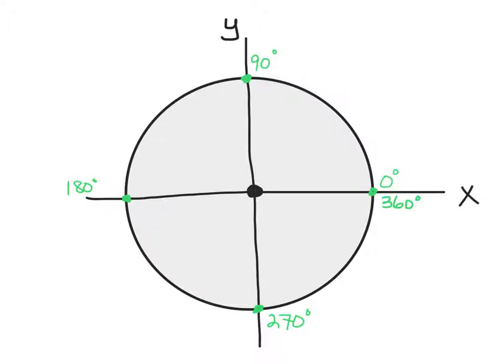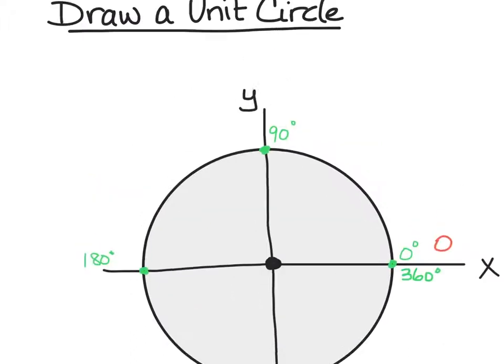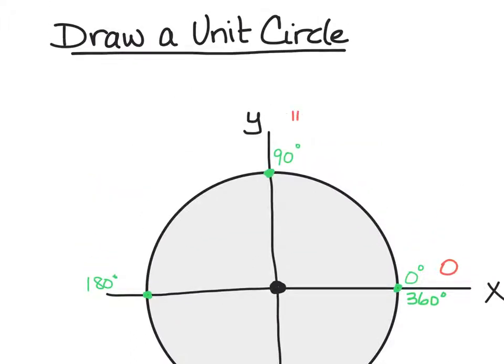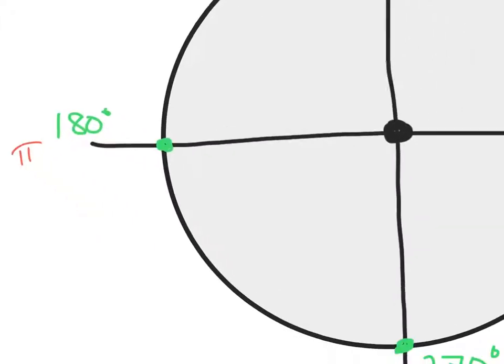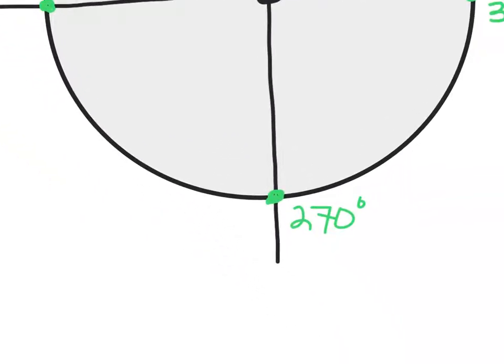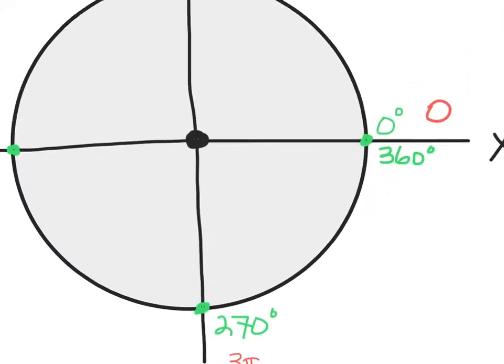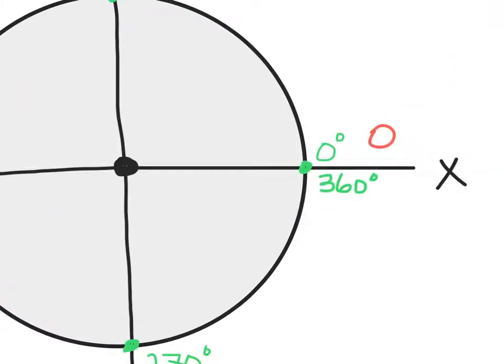So 0 degrees is 0 radians, 90 degrees is pi over 2 radians, 180 degrees is pi radians, 270 degrees is 3 pi over 2 radians, and 360 degrees is 2 pi radians.